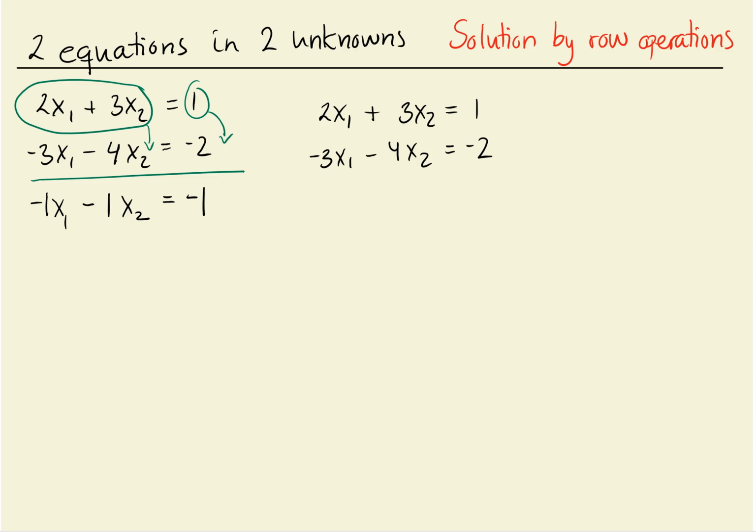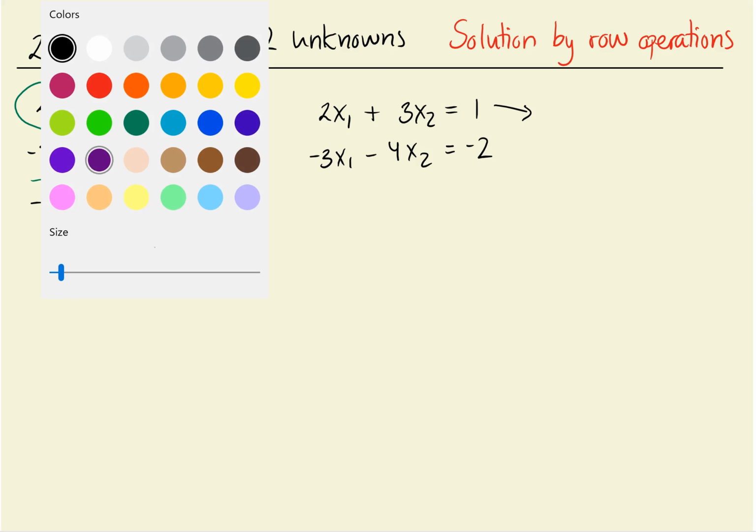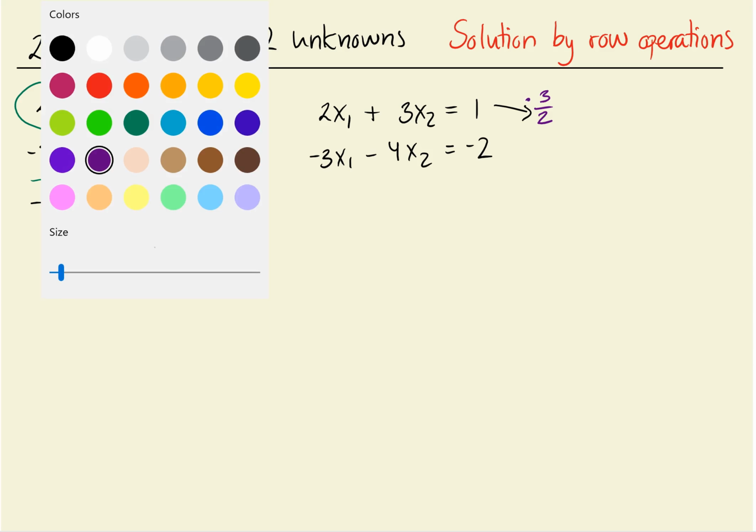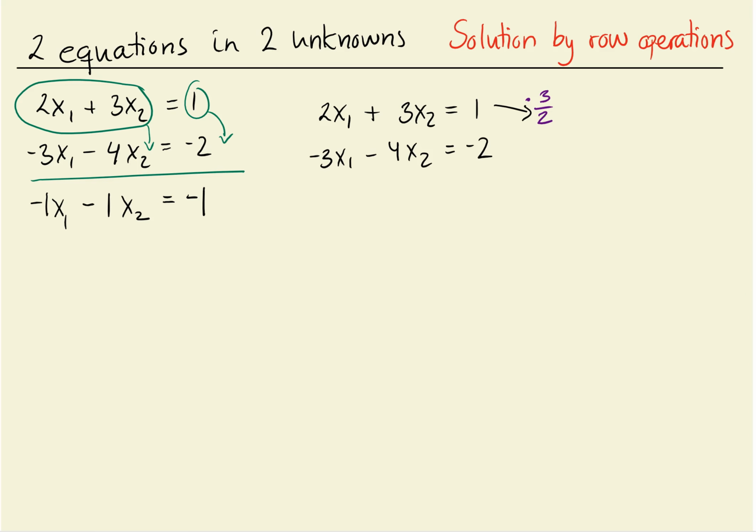So what I do is I take this first equation and I multiply it by 3/2. And what do I obtain by doing that? Well, I get, let's write it in purple to stress the fact that I'm multiplying in all terms.